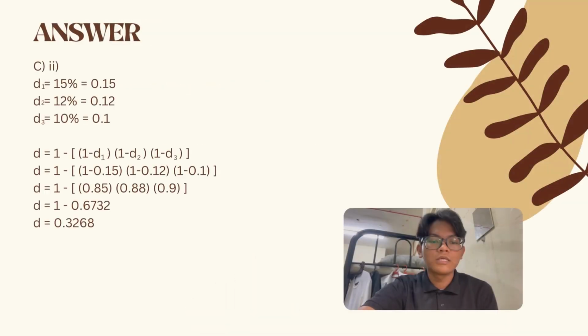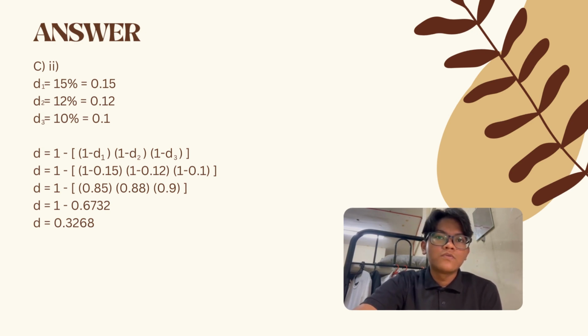C2. The formula for single discount rate is D equals 1 minus (1 minus D1)(1 minus D2)(1 minus D3). So we get D1 equals 15%, D2 equals 12%, D3 equals 10%. We put this into the formula: D equals 1 minus (1 minus 0.15)(1 minus 0.12)(1 minus 0.1).